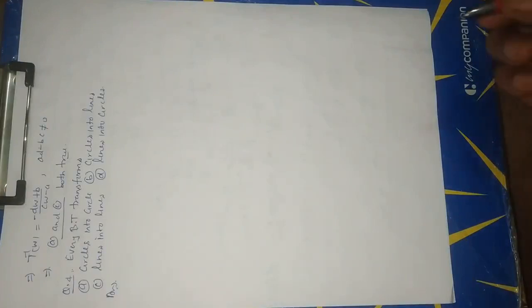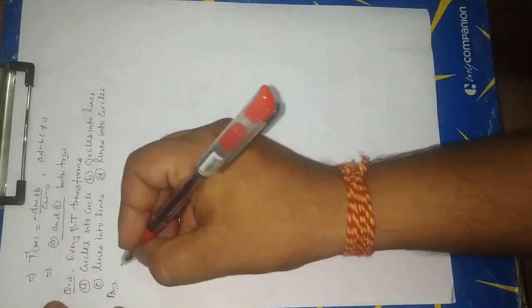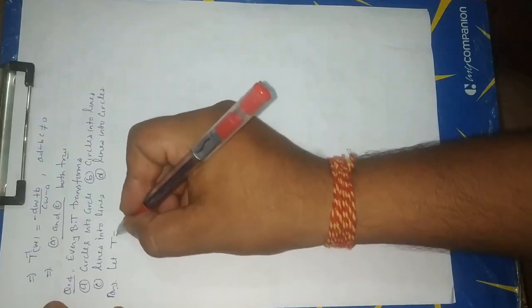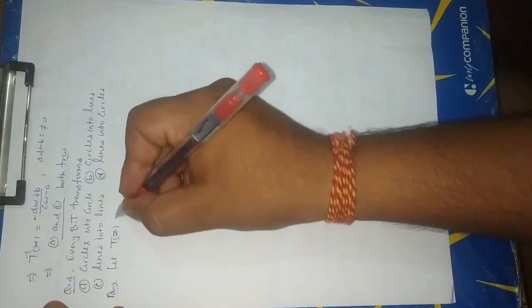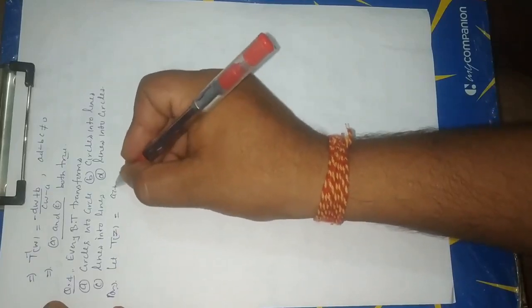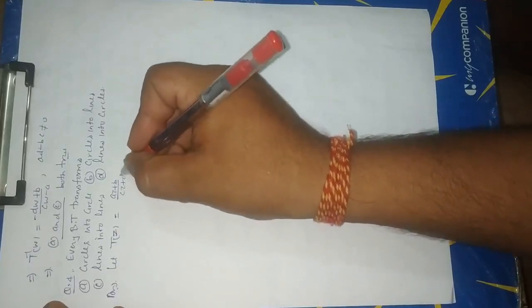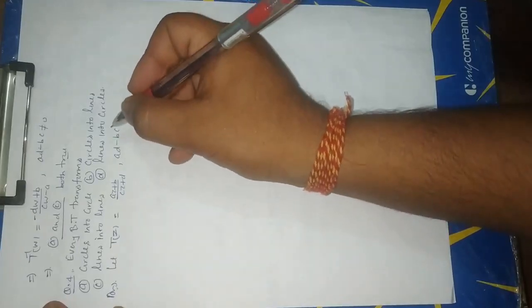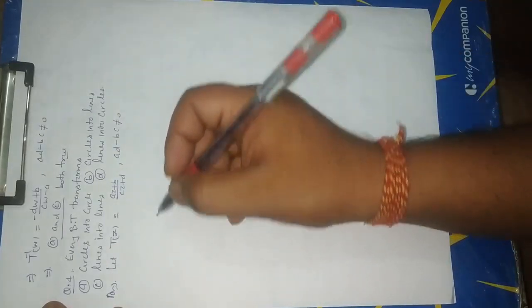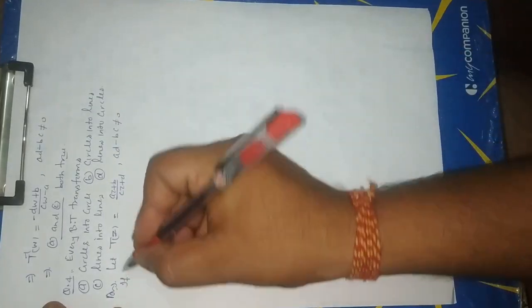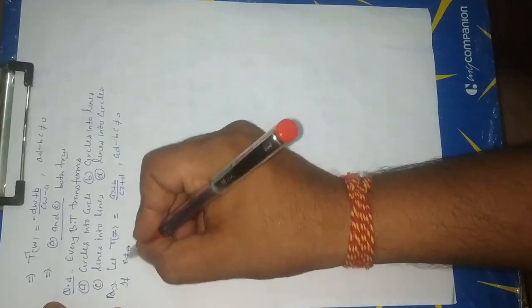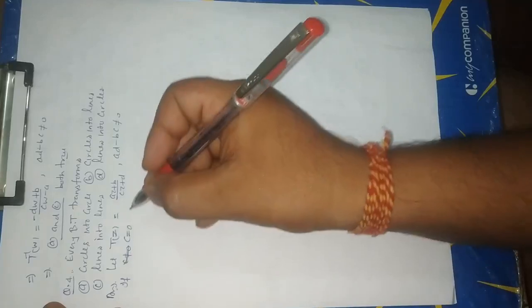Now to determine the correct option, let the bilinear transformation T(z) = W = (az + b)/(cz + d), where ad - bc is not equal to 0. It is a bilinear transformation if c is not equal to 0; c is equal to 0 in the first case.